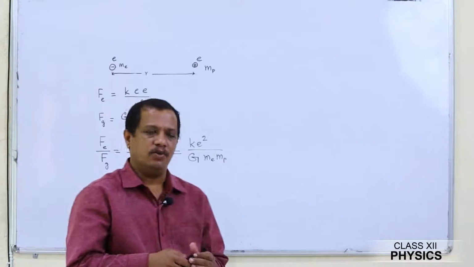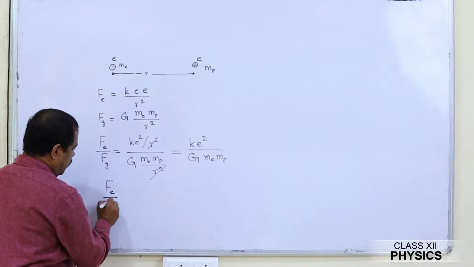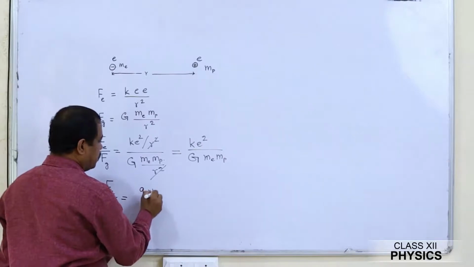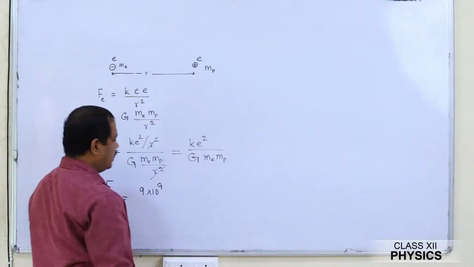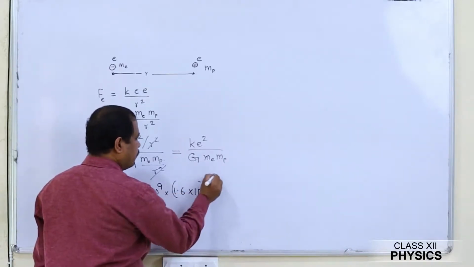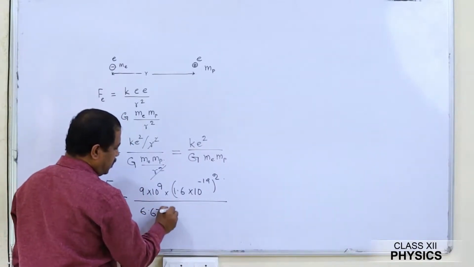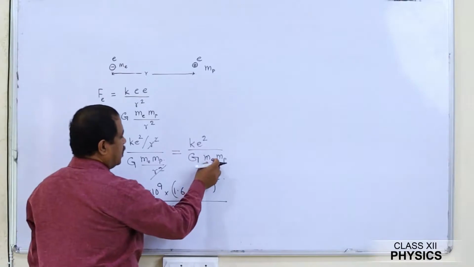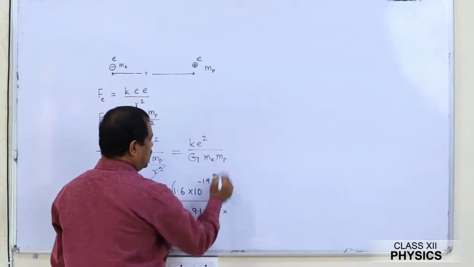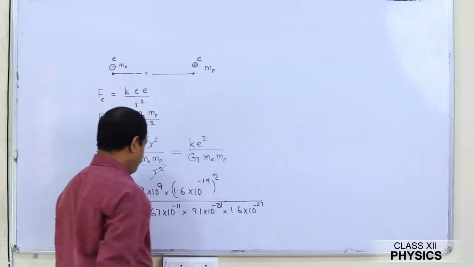If we substitute the values, Fe by Fg works out as follows: the value of K is 9 into 10 power 9, the value of e is 1.6 into 10 power minus 19 whole square, divided by the value of G, 6.67 into 10 power minus 11, into the mass of electron, 9.1 into 10 power minus 31, into the mass of proton, 1.6 into 10 power minus 27 kilogram.